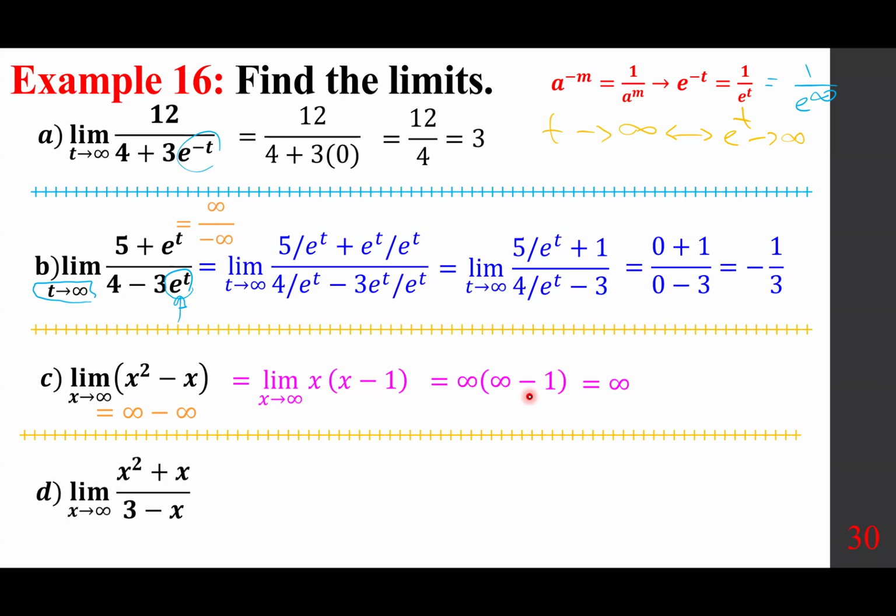So as we look at this case, this is a rational expression. Because it's a rational expression, and because x is approaching infinity, and by the way, if you plug in, you get infinity over negative infinity. The technique is to divide by highest degree term in the denominator, namely x. So divide everything by x.